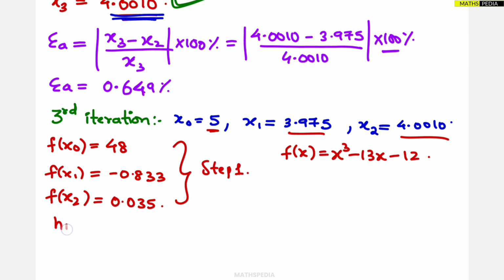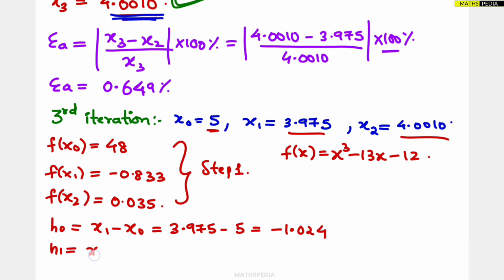Step 2, we have to calculate the h values. h0 is x1 minus x0, 3.975 minus 5, that is minus 1.024. Sorry, I made a mistake, h1 value will be x2 minus x1, 4.0010 minus 3.975, and we get 0.025.